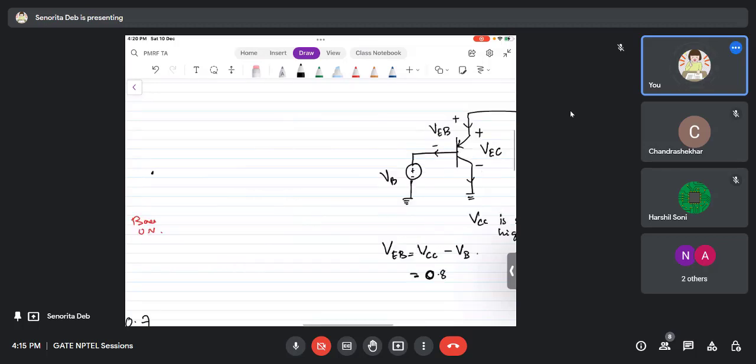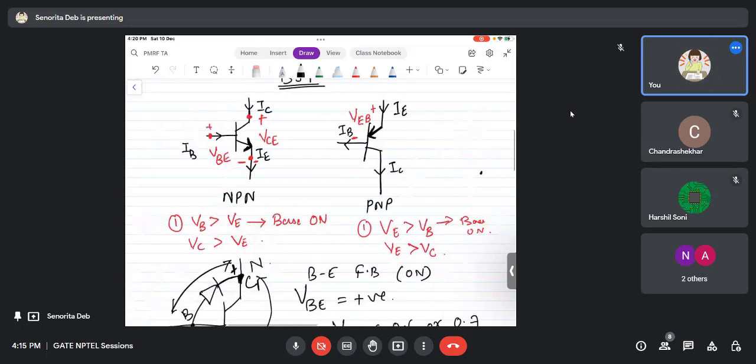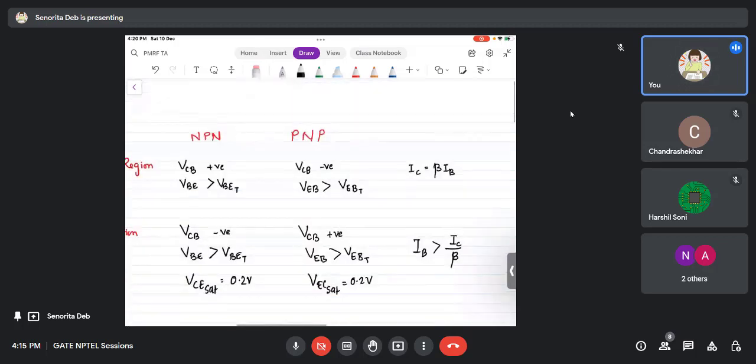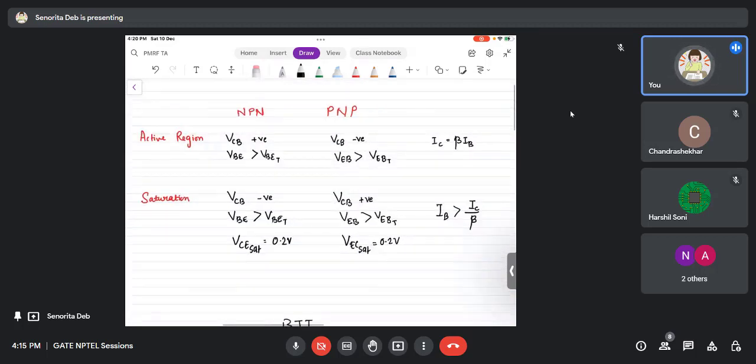So now, this I have written. In the active region VCB is positive for NPN, and VBE should be greater than VBE threshold or cutoff. Okay, and for PNP it is just the opposite. VCB should be negative, or we can say VBC is positive, and of course VEB has to be greater than VEB threshold.